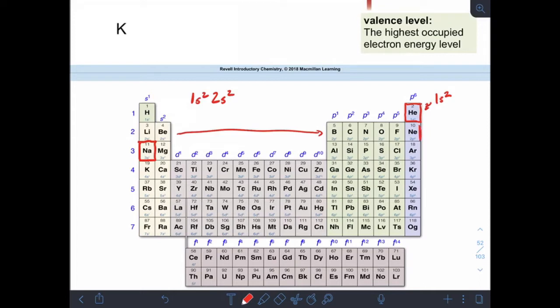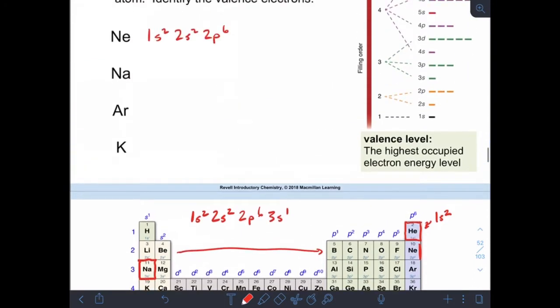When I get to a p6, I list it. And then now I'm in row 3 and sodium is at 3s1. So 1s2, 2s2, 2p6, 3s1.